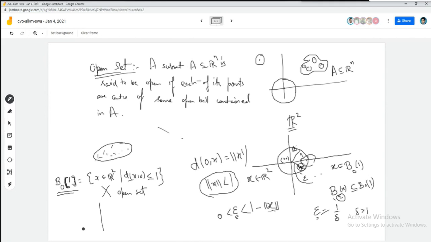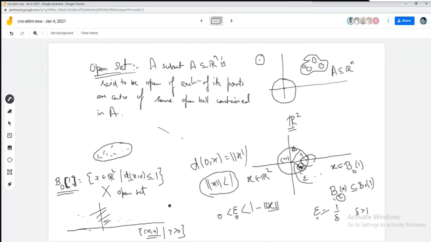You can think of the collection of all points (x, y) such that y is positive, removing the points below the x-axis. This is also an open set. The collection of all (x, y) with x positive and y positive, that is the first quadrant, is also an open set.